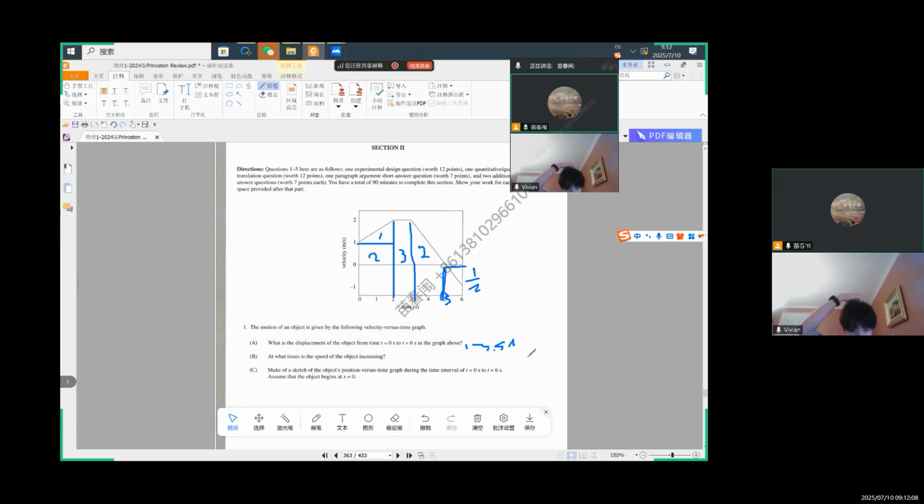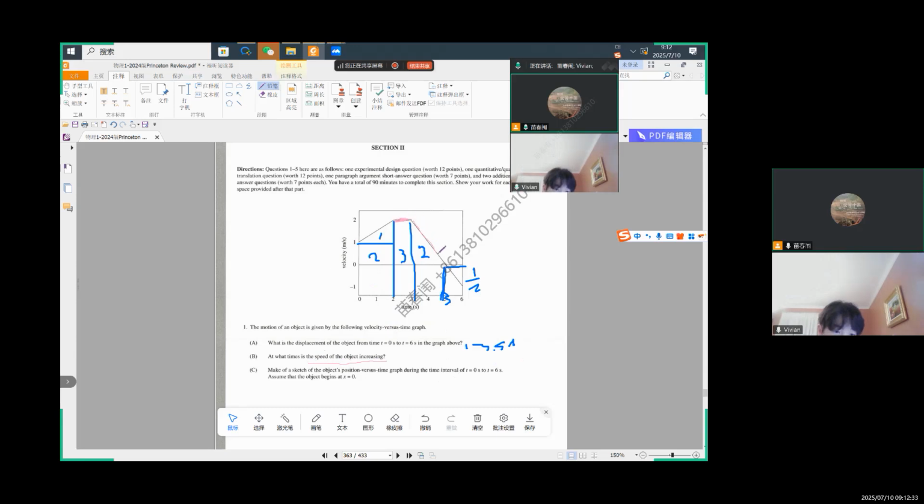Speed is increasing. Oh, just 1 to 2, right? You mean 0 to 2, right? Yeah, 0. If they say the speed is increasing, this part is not changing at all.